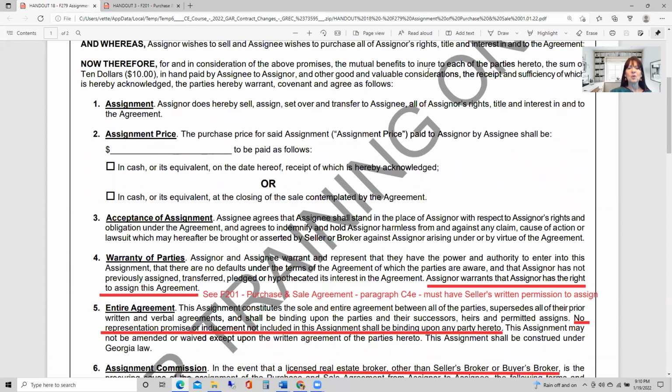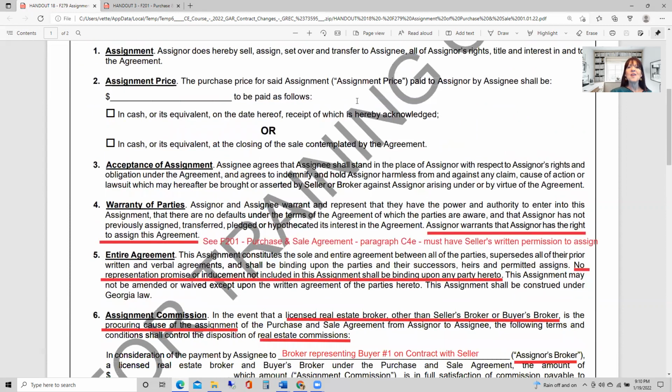And then you go on, and you talk about assignment. Assignor does hereby sell, assign, set over, or transfer to the assignee all the assignor's rights, and then there's a price.